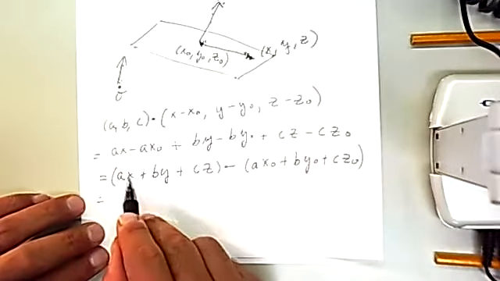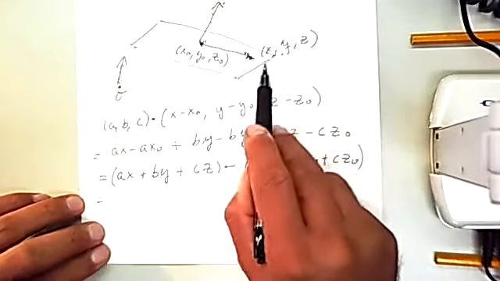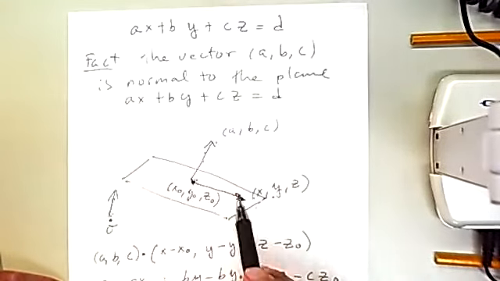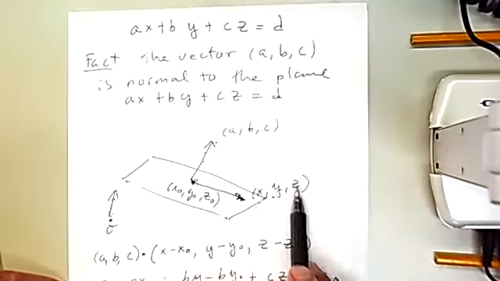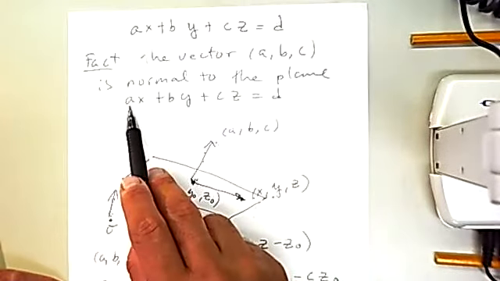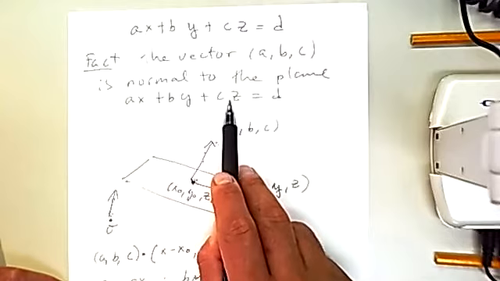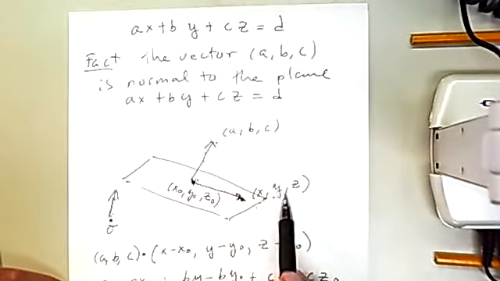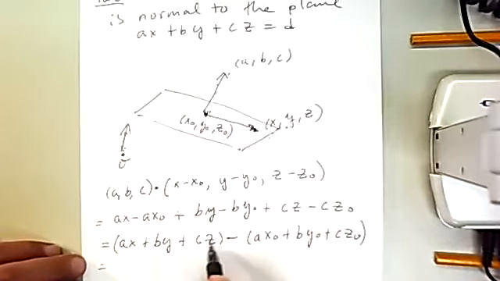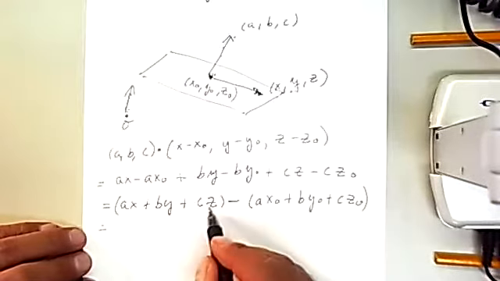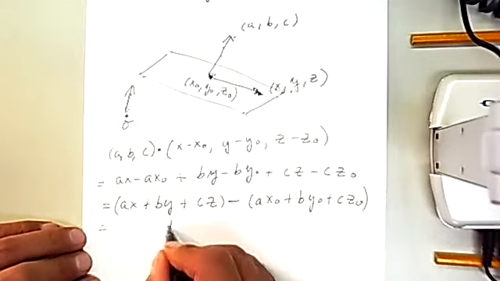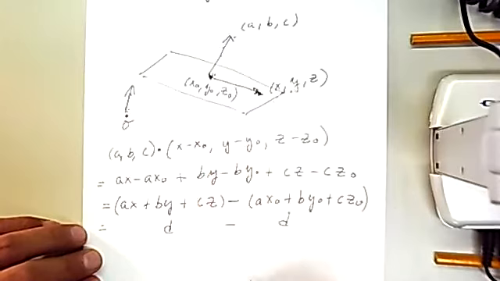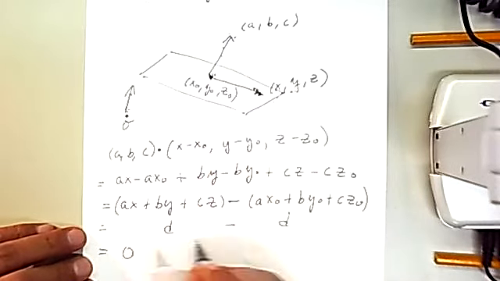Now, X, Y, and Z is a generic point on the plane, and consequently, it satisfies this equation. So when we multiply the X, Y, and Z with A, B, and C correspondingly, we will end up with D, because again, the point satisfies this equation. So this sum of products is equal to D. This point also is on the plane, so that is also equal to D. D minus D is equal to 0.